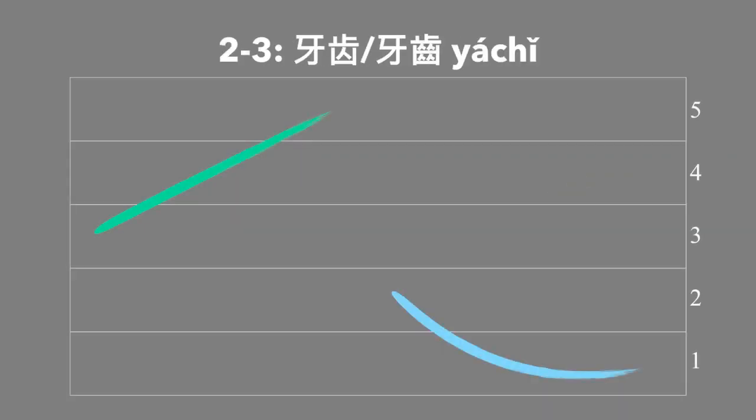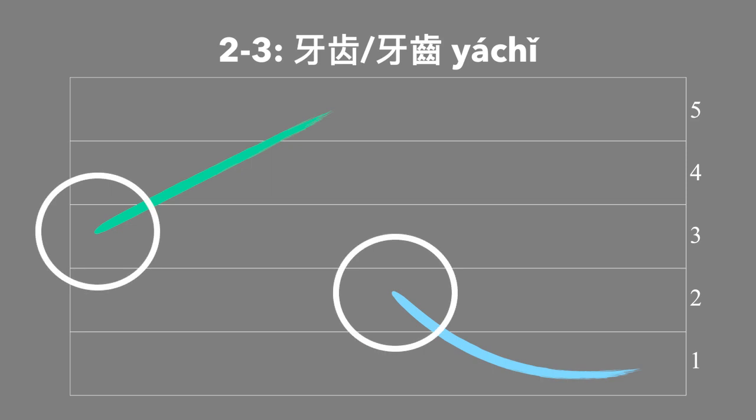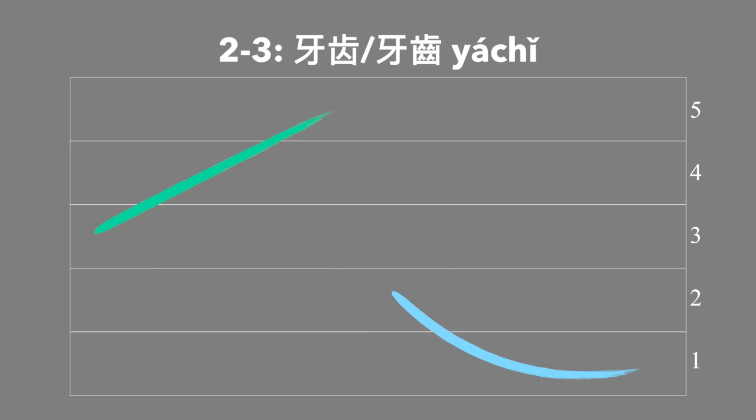Okay, here's a 2-3. 牙齿，牙齿. All right, notice that the second tone starts higher than the third tone does. If they overlap too much, you risk it sounding like 2-4 because of the half-third tone. Remember earlier I said the half-third falls but doesn't rise.